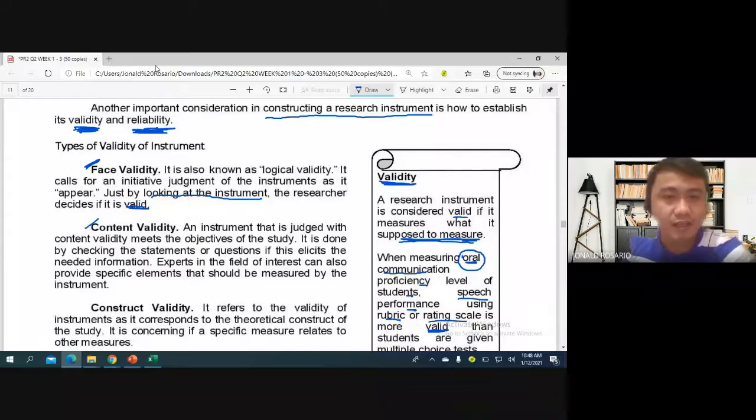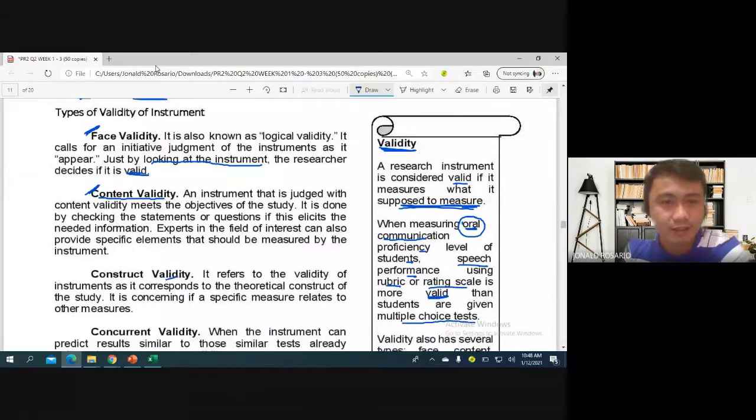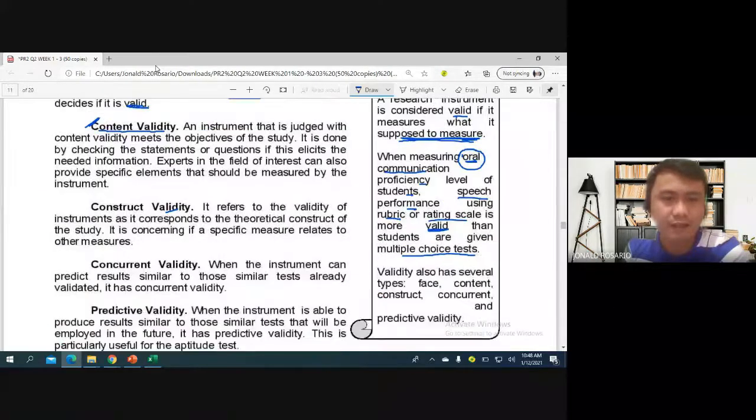Ibig sabihin hindi niya natitignan yung mga items mismo, hindi niya naiisa-isahin. Pagka inaisa-isa naman niya, ang tawag doon, that's content validity. And we can also have the construct validity. Maraming validity test: concurrent, predictive validity. Itong mga different validities na ito ay depende sa kung ano yung kailangan nating i-test na instrument.